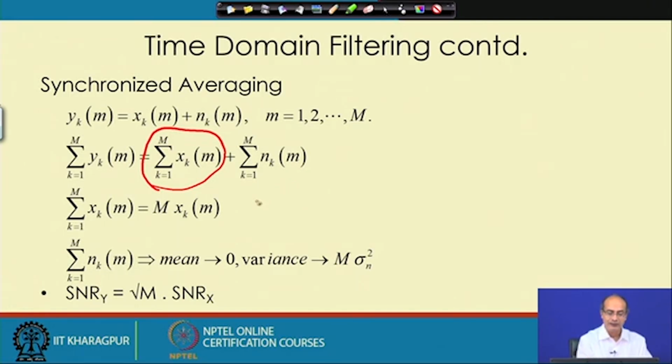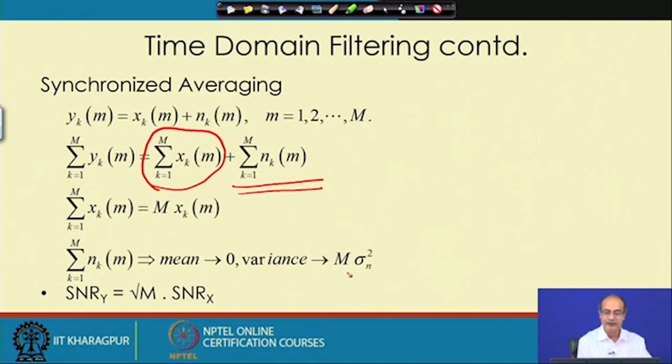When we look at the next term, that is the noise part, the summation of the noise. Now, what will we get? It will give us m times the mean of the noise, and if the noise is 0 mean, which is the case for most of the signal, the high frequency noise, the power frequency noise, then as the mean is going to 0, this sum will go to 0.